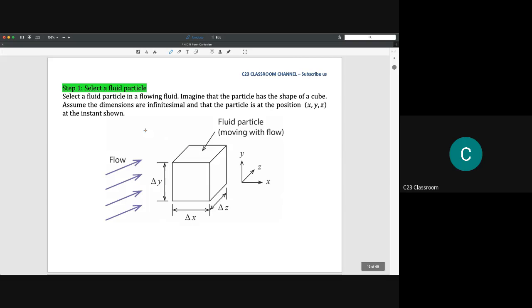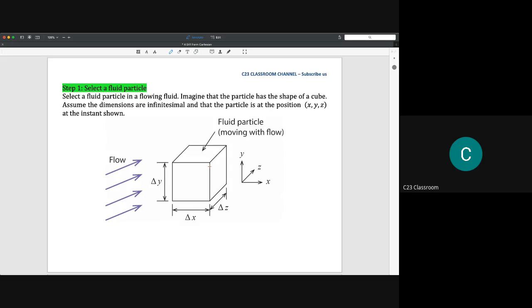Okay, so we are going step by step. First, you need to understand that we need to select our fluid particle. So we select one particle in a flowing fluid. We imagine that the particle has the shape of a cube like this.